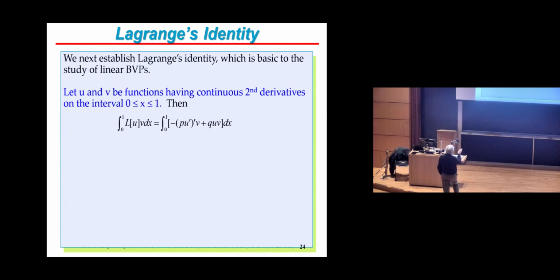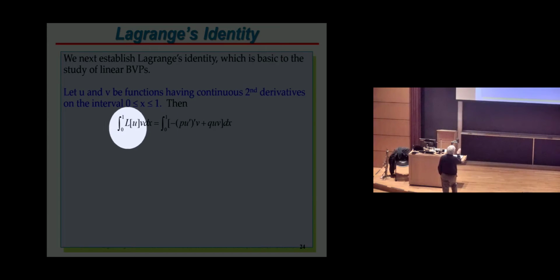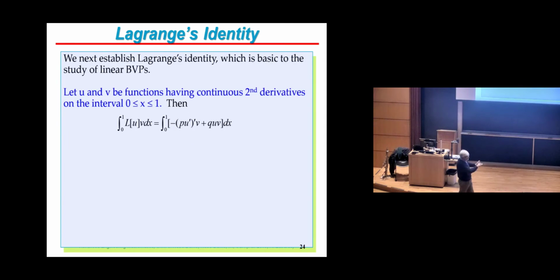I am going to compute the integral of L of u times v, and I integrate this from 0 to 1. And I write L of u explicitly here. L of u was minus p u prime prime plus qu times v. U and v are arbitrary functions. The only thing they do is they have continuous second derivatives. No relation to the differential equation.